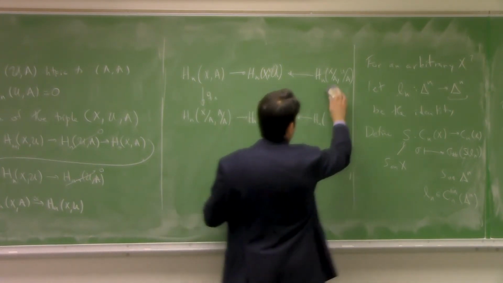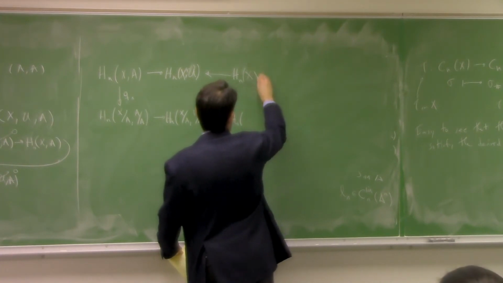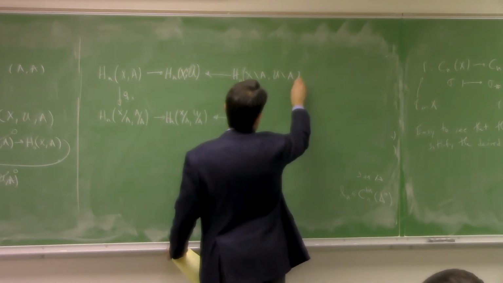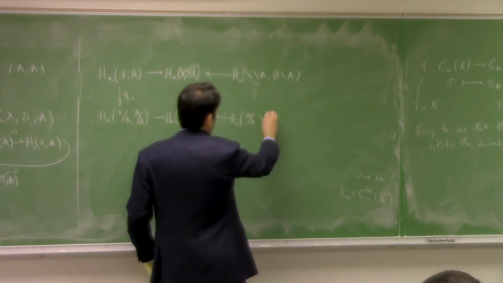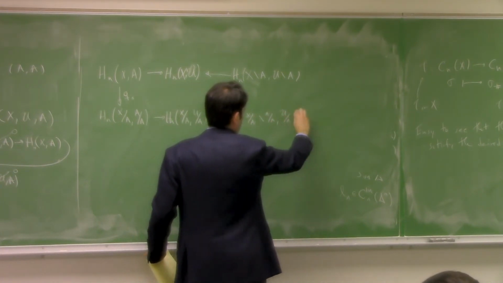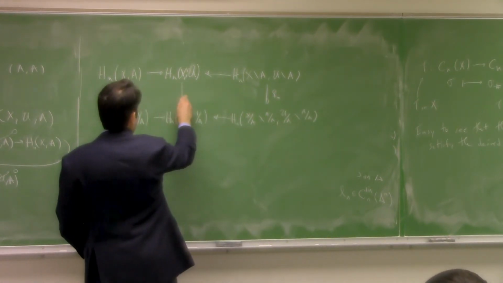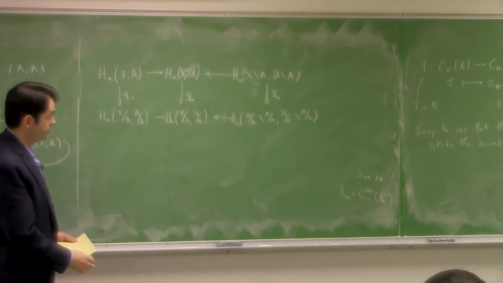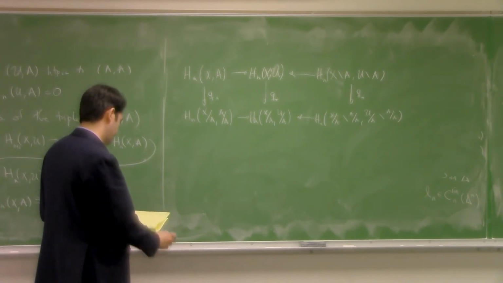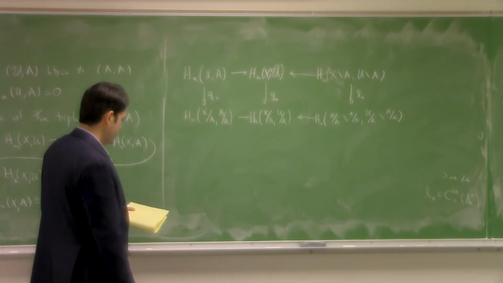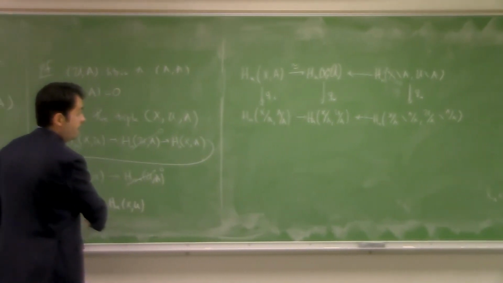Oh, sorry, this should have said X minus A, U minus A. And then here I want X over A minus A over A, U over A minus A over A. So we saw that this is an isomorphism from here.